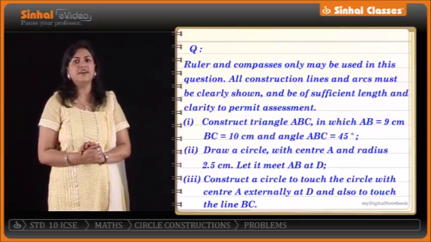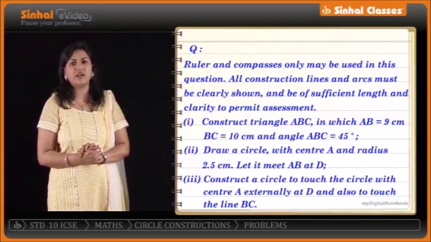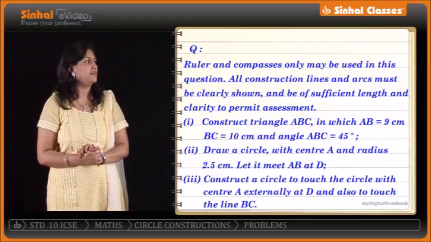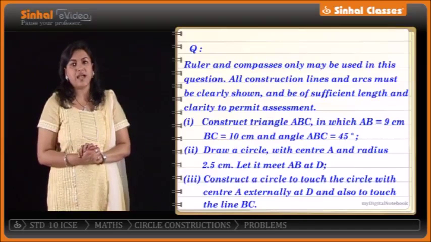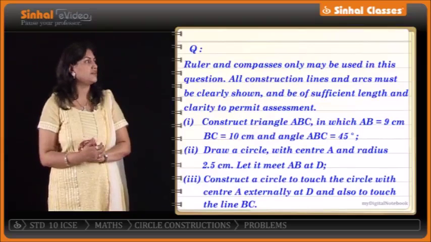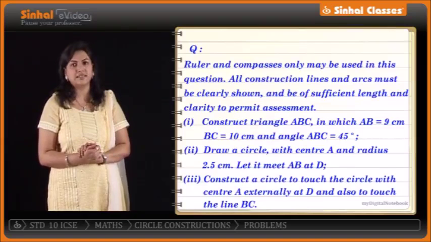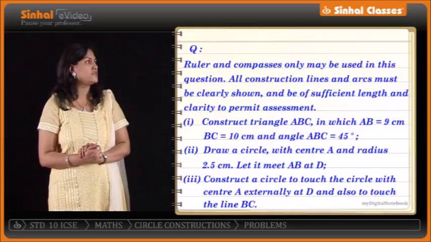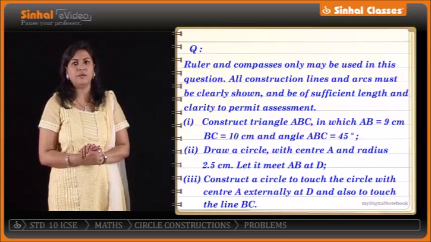Draw a circle with center A and radius 2.5 cm. Let it meet AB at D. Also, construct a circle to touch the circle with center A externally at D and also to touch the line BC.